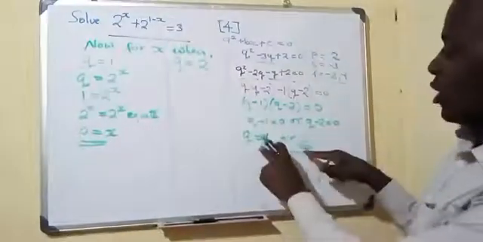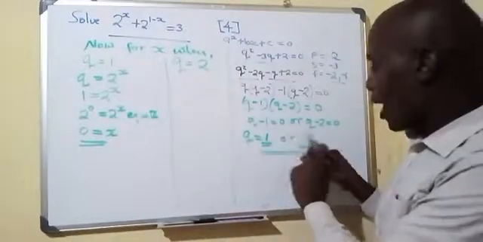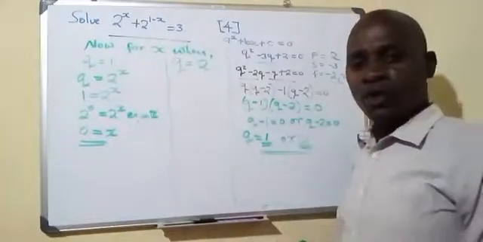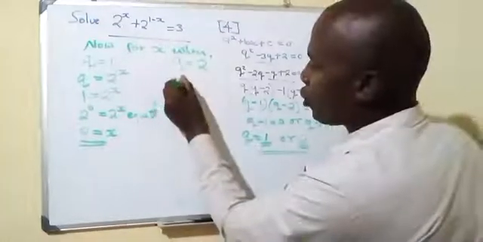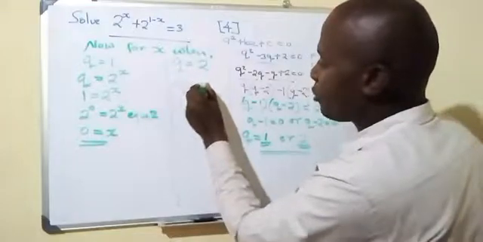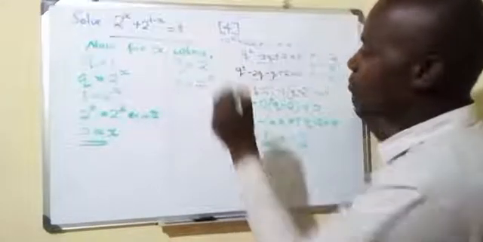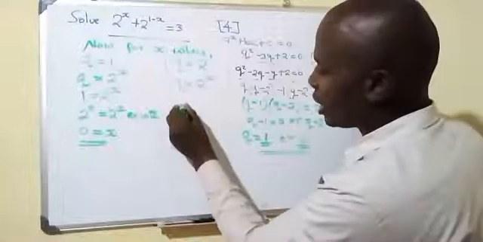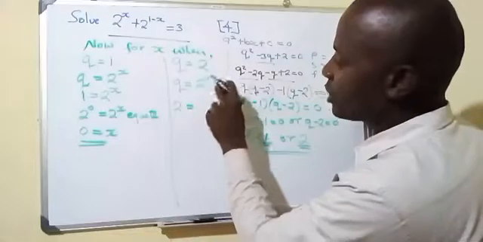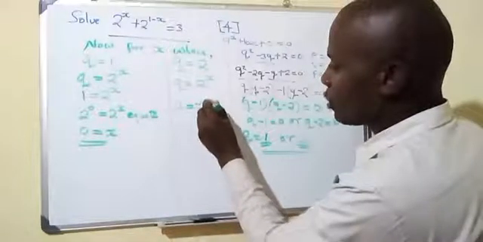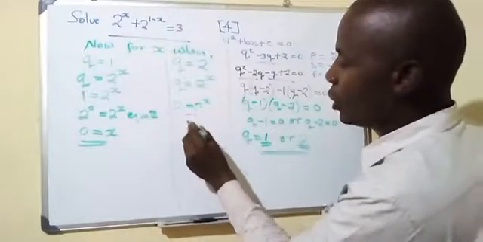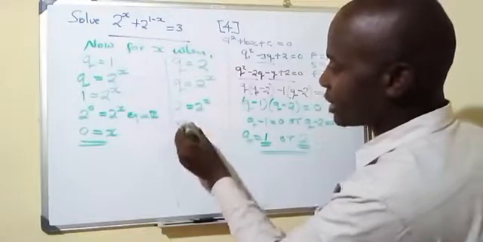Let me also find the other value of x when q is equal to 2. Why q is equal to 2? Because we found that the answers for q were 1 and 2. So when q is equal to 2, I will still use the same concept of q is equal to 2 to the power x. So now there I'll write 2. I'm substituting where there is q, I'm replacing it with 2.